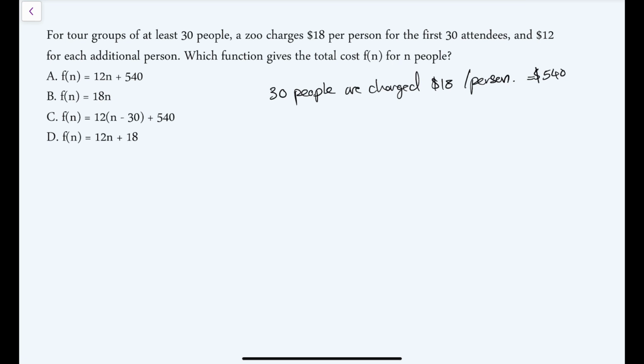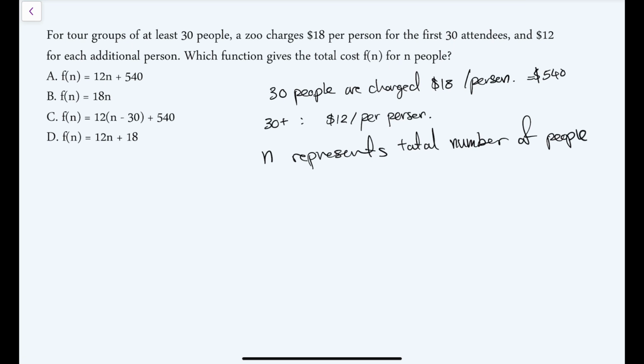Then, if we have 31 or 32 or whatever, 30 plus people, is going to be $12 per person. If N represents the total number of people, what equation suits this the best? Okay.